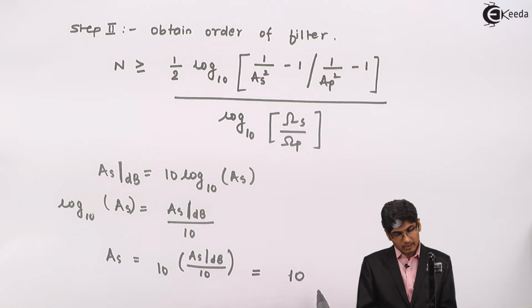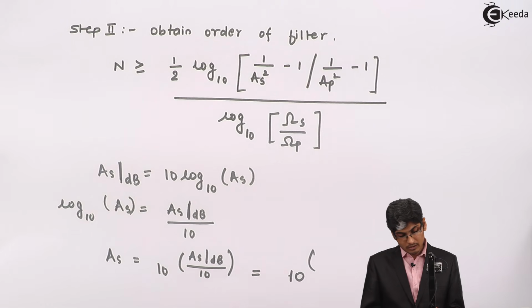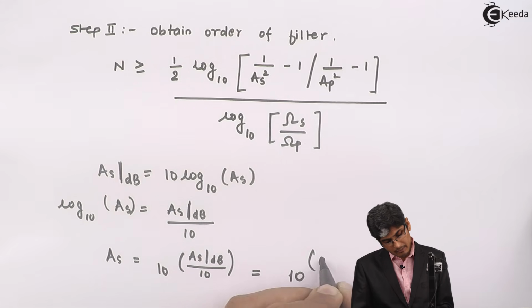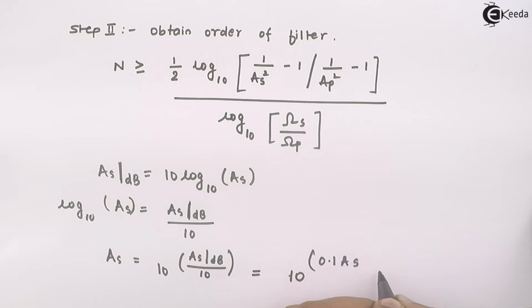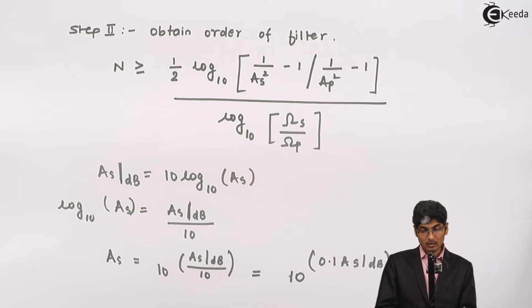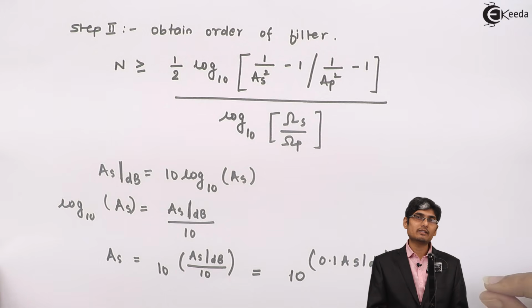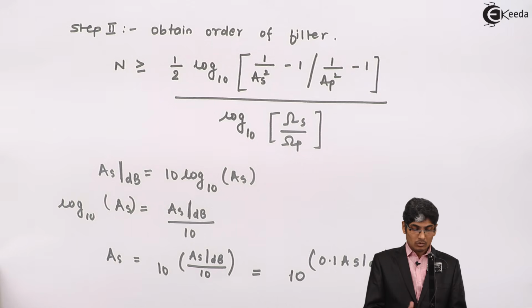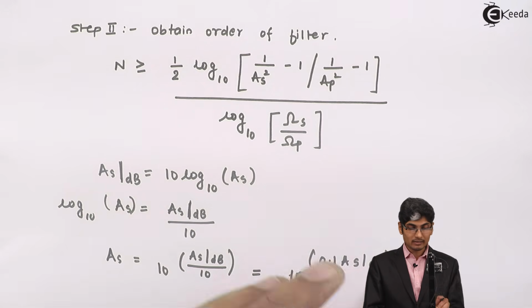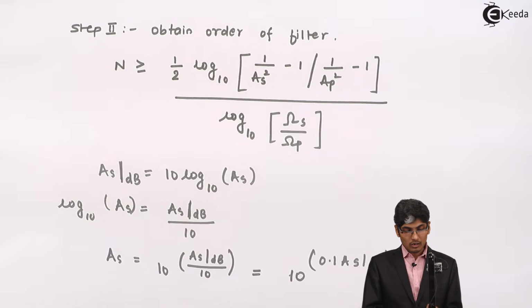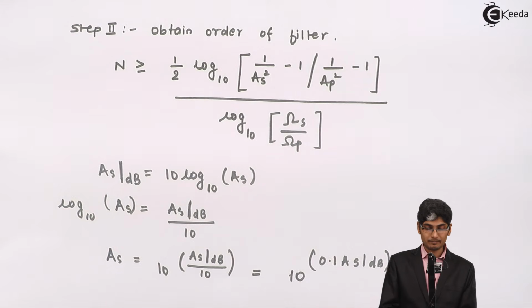Now 10 to the power AS in decibel divided by 10 can be written as 10 raised to 0.1 times AS in decibel. As I said, the actual value of AS is minus 40 dB per decade, so either you put that value here and substitute, or we can directly substitute it there.